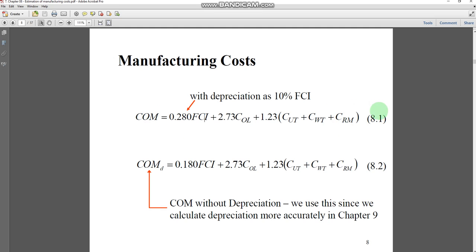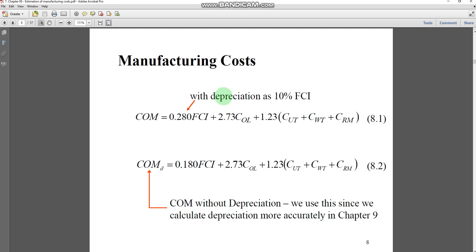This equation includes the depreciation value of 10% of the fixed capital investment. Whatever the fixed capital investment is, the annual depreciation is taken as maybe 10%. So the equation that we get here to estimate the cost of manufacturing includes the factor for the depreciation of 10% of the fixed capital investment.